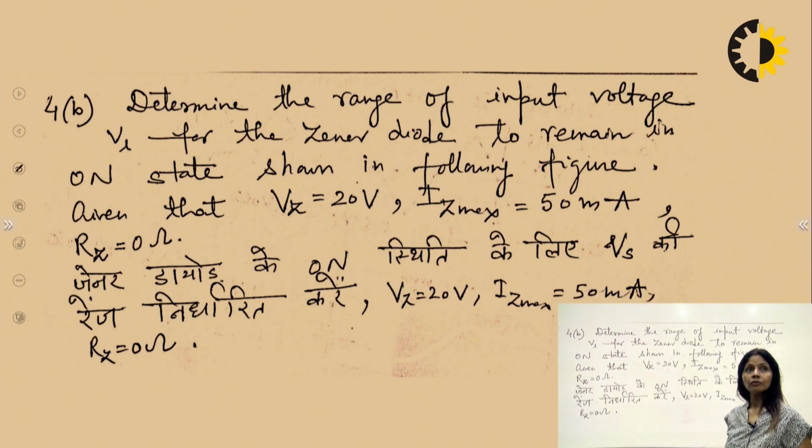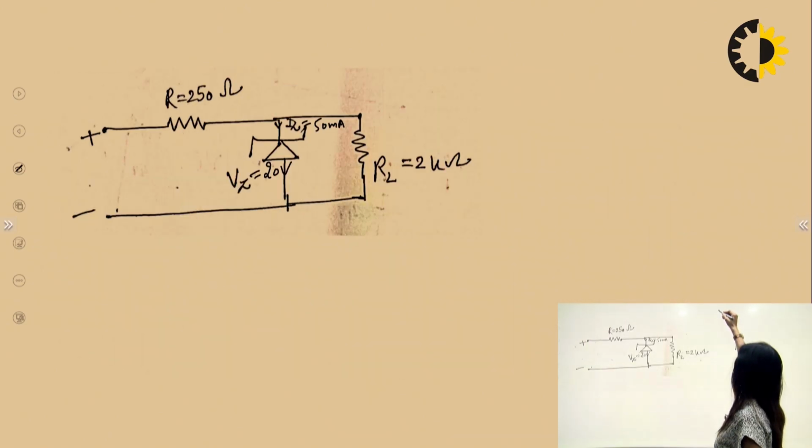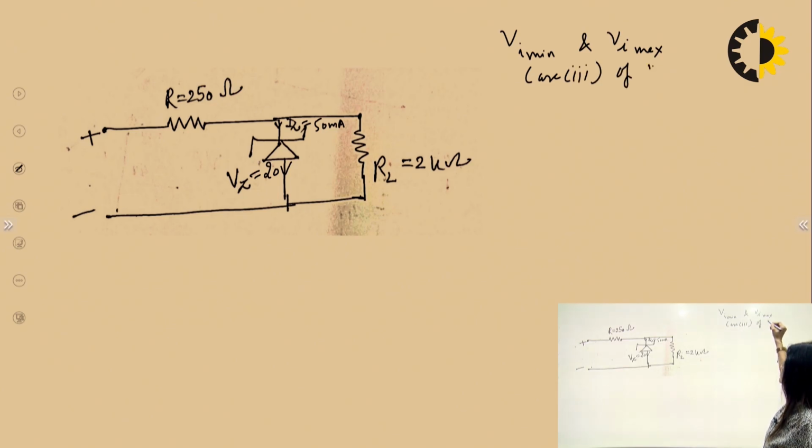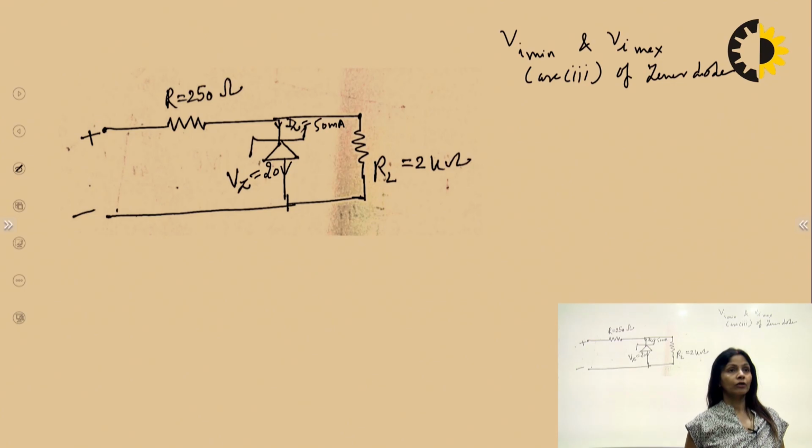And now they are asking for Vi minimum and Vi maximum. These 2 questions. That means this is a case 3 question. Zener, right? Case 3 of Zener diode. So case 3, we have to find out Vi minimum. So the formula we will apply.